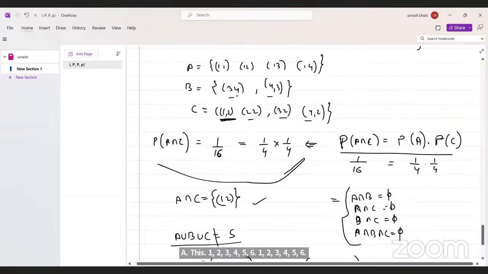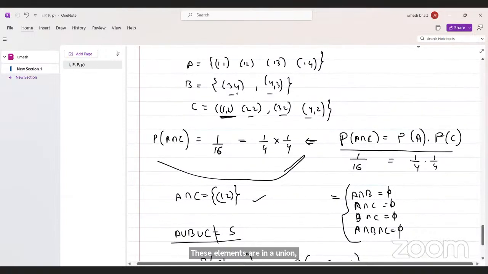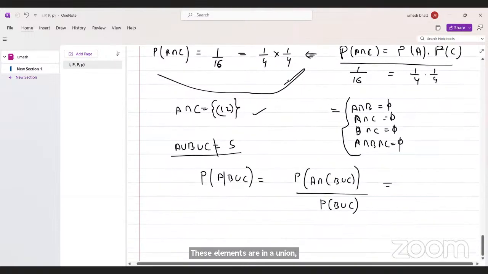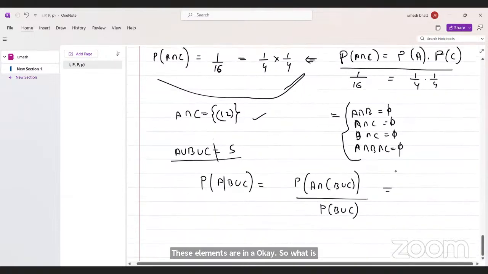These elements are in B union C. So what is this?